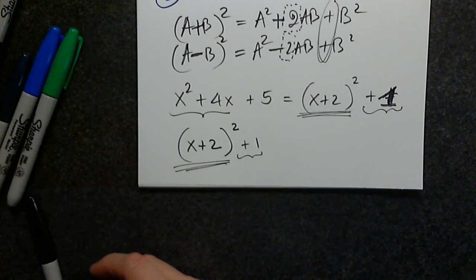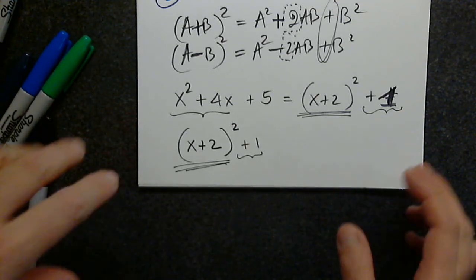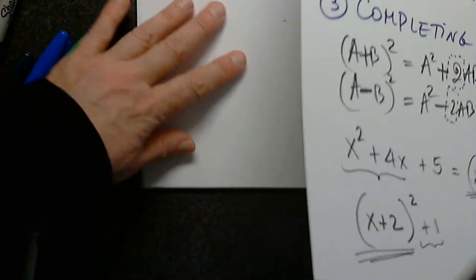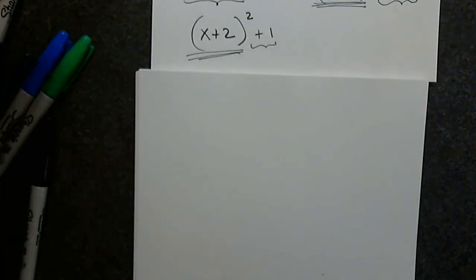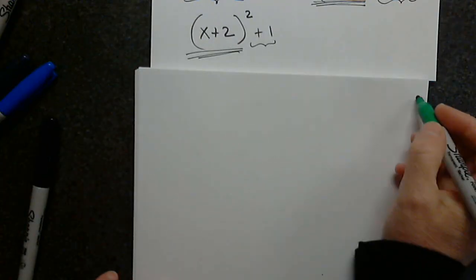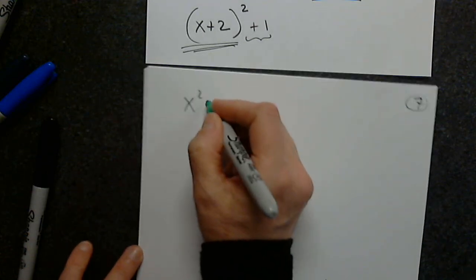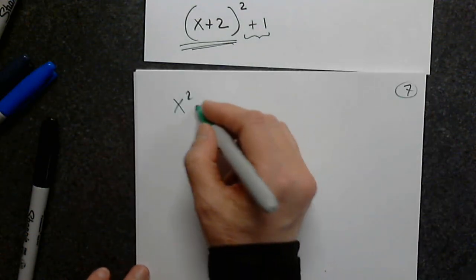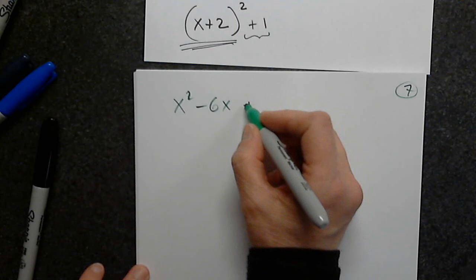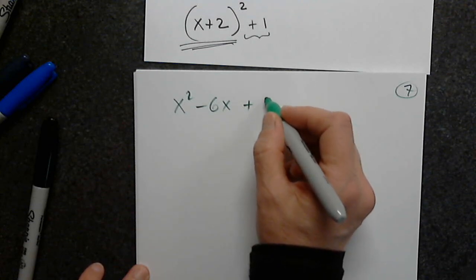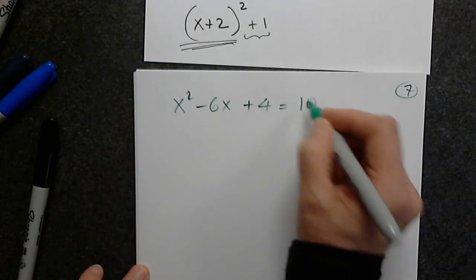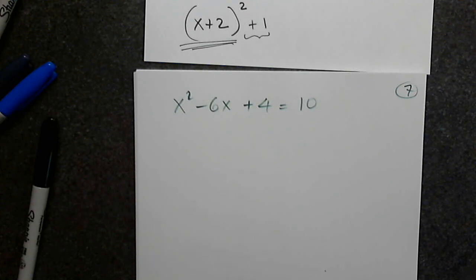And now let me show you on examples, and you'll see it's easier than what we just encountered. Okay, so let's say we are asked to solve this equation using completing the square.